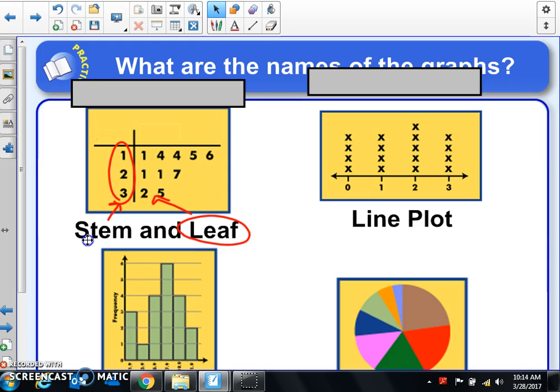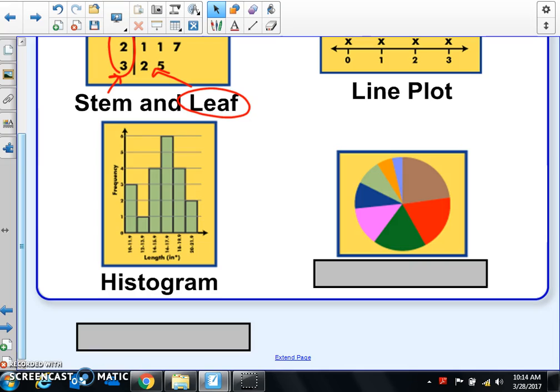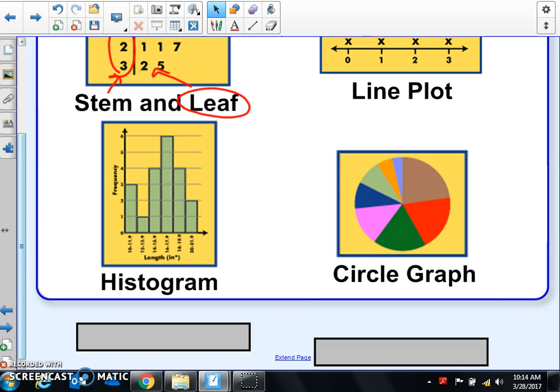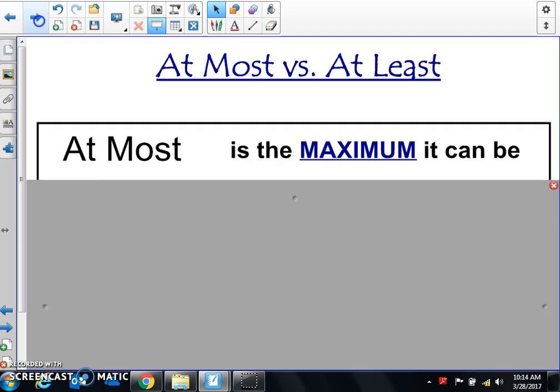So you would just count up how many are on each number. The two that we're going to see the most are the histogram and circle graphs. A histogram is different than a bar graph because in a histogram, all the bars touch each other.